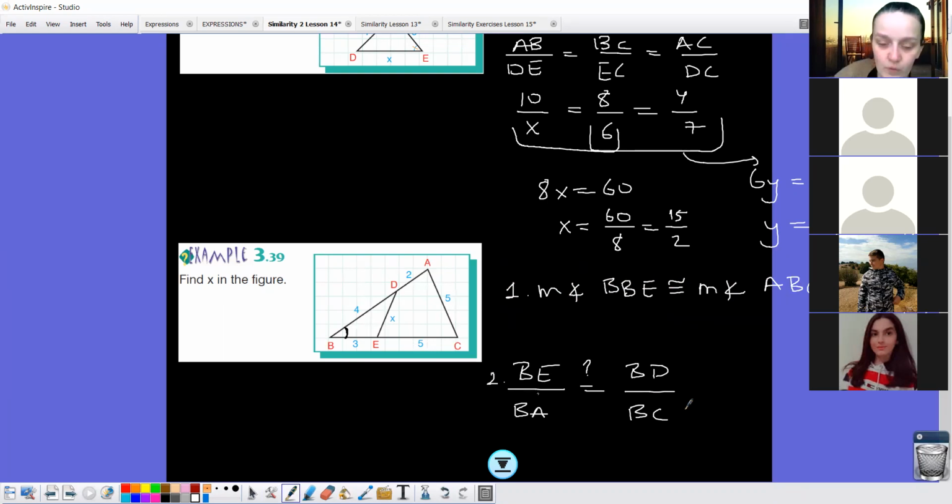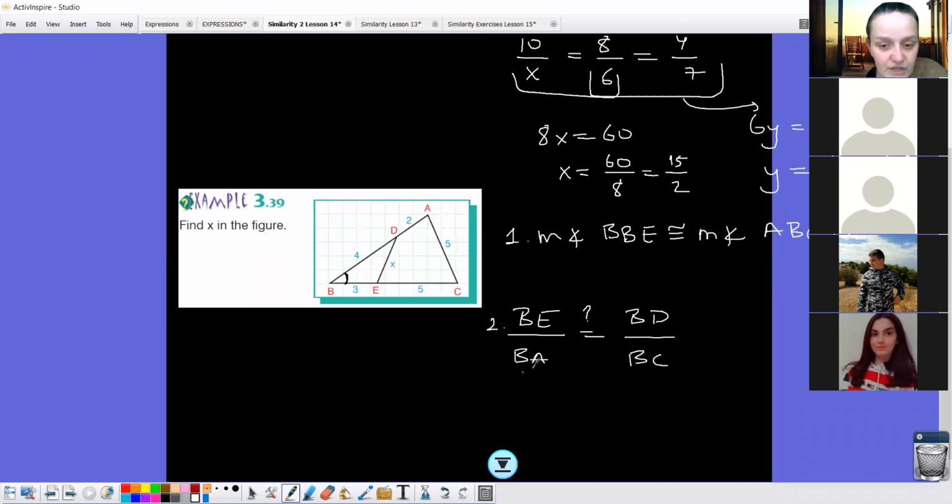Now in the second one, we are checking the proportion of the sides that include this angle. BE is 3, BA is 6, BD is 4, and BC is 8. And as you can see, this is 1/2 for both of them.